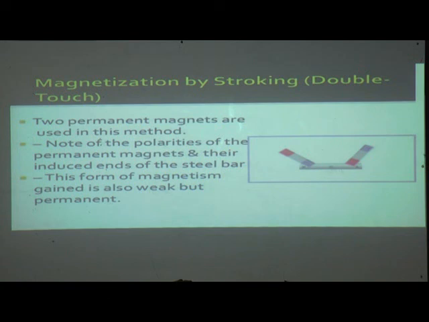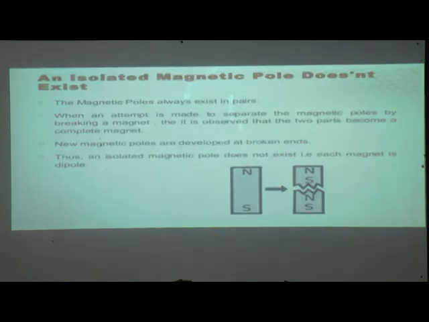Here you can see the steel bar, and we are using two permanent magnets to stroke it, which is why it is called double touch stroking magnetization. By this we can convert a steel bar into a magnet.